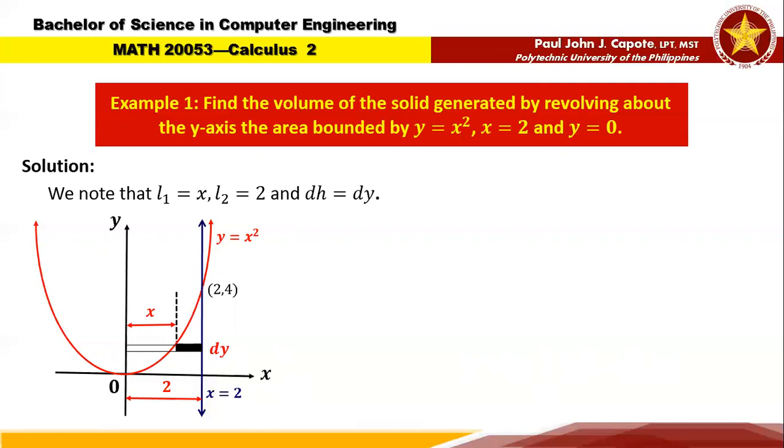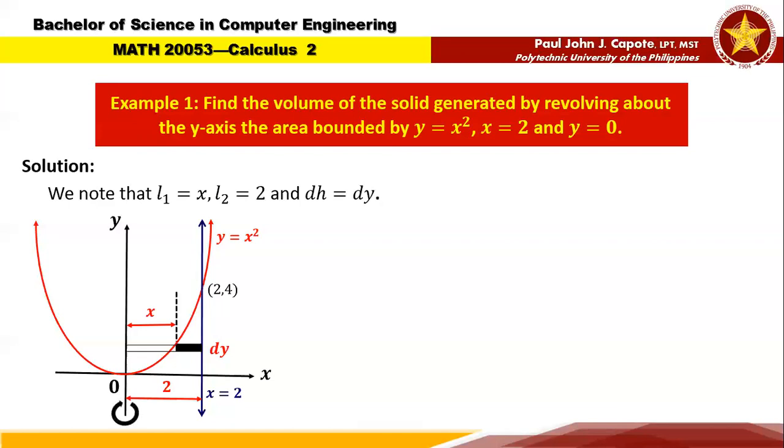And L sub 2, which is the distance of the right end of the rectangular element to the y-axis, or the measure of the upper base to the axis of rotation, is equal to 2 units. And the width dh of the rectangle is equal to dy.